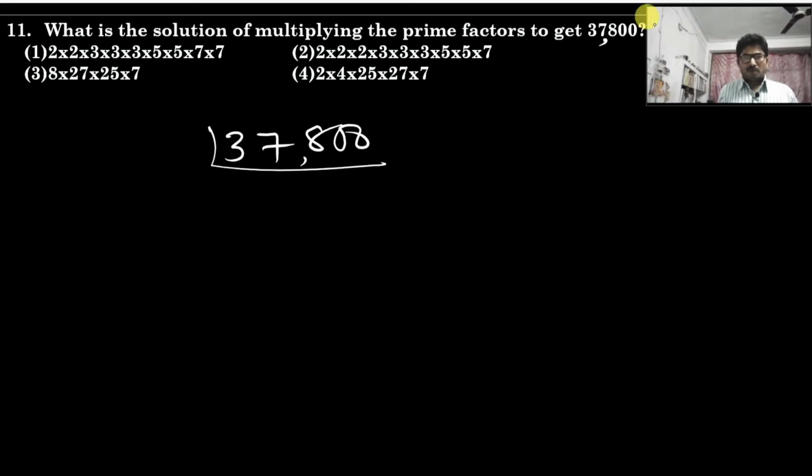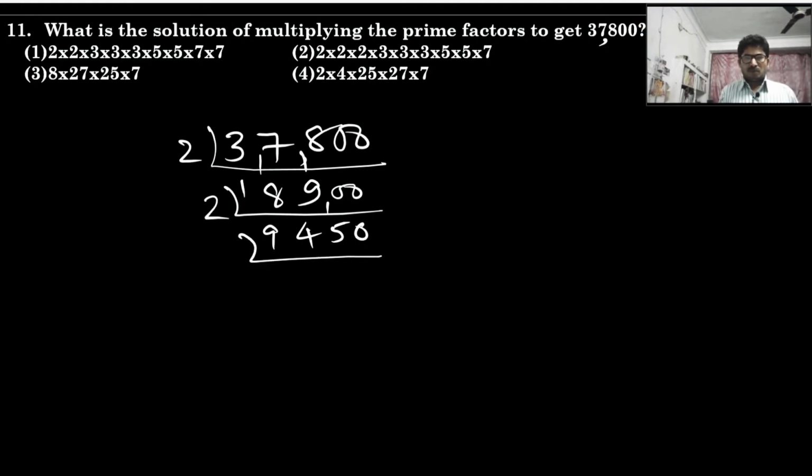First the 2 table. 2 1s, 2 8s, 2 9s, 2 4s, 2 5s, 2 7s, 2 2s, 2 5s.